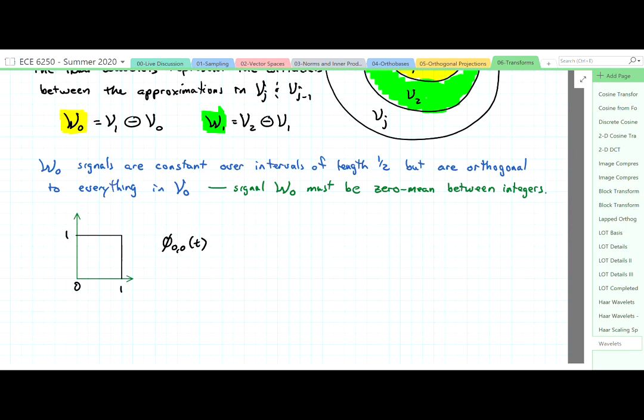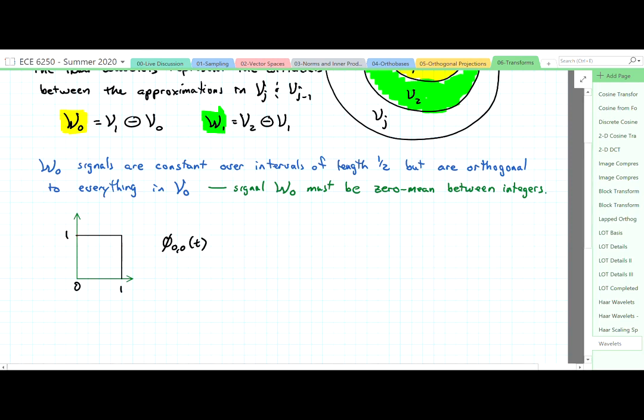What would be an orthonormal function that is orthogonal to that and piecewise constant over an interval of 1/2? Well, that would look like this.